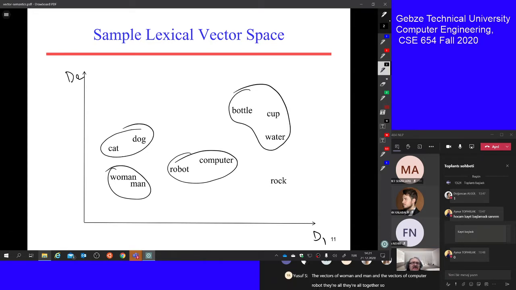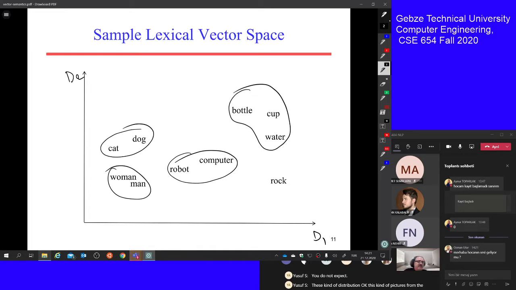So this is a sample lexical vector space. You do not expect this kind of distribution from the TF-IDF representation, because TF-IDF just tries to measure the frequencies of documents, frequencies of terms inside the documents.